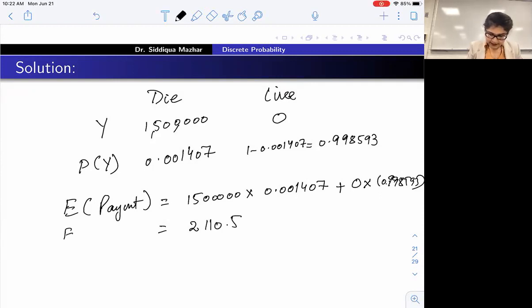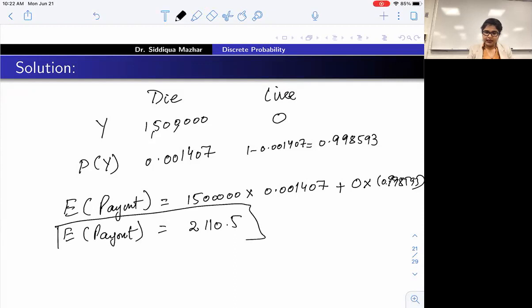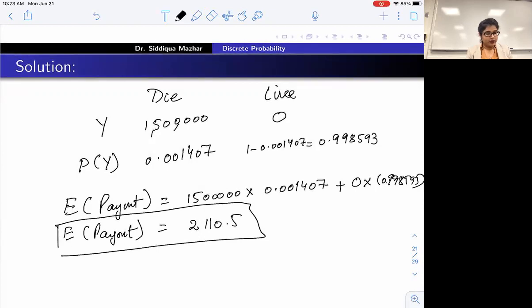So it means the expected payout will be $2,110.05. They are going to pay that on average to the customer who is buying this insurance. And you have to figure out how much a person is going to pay.